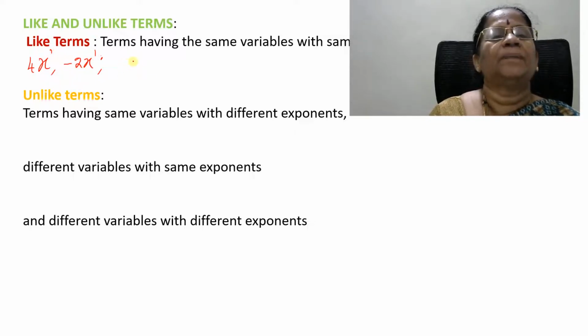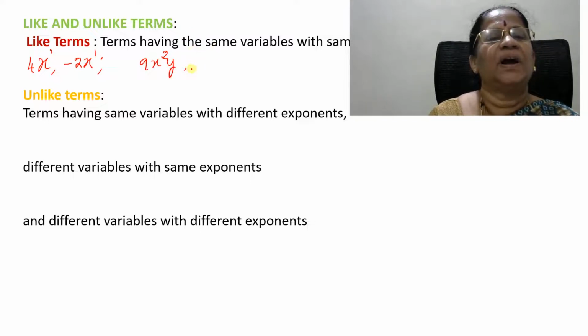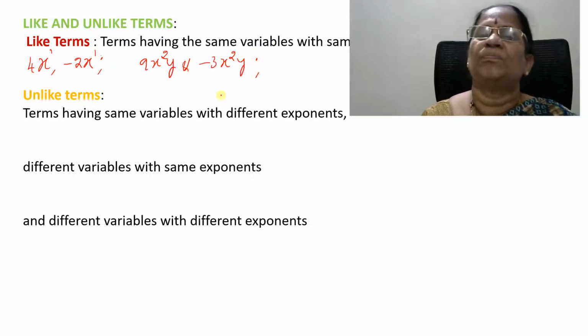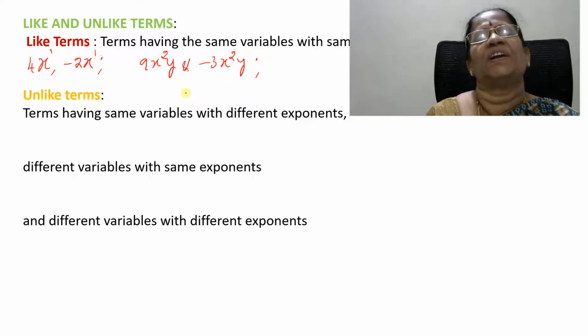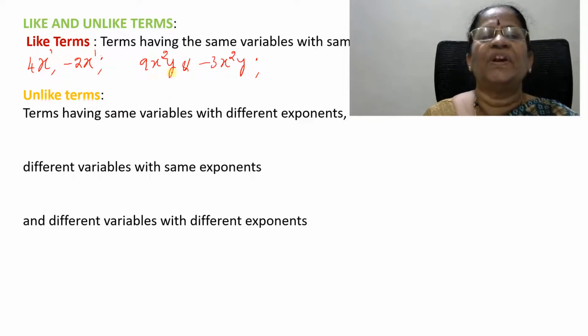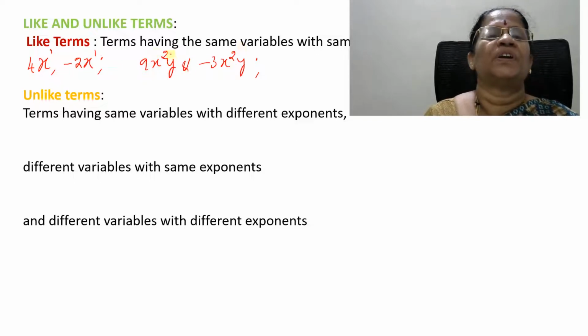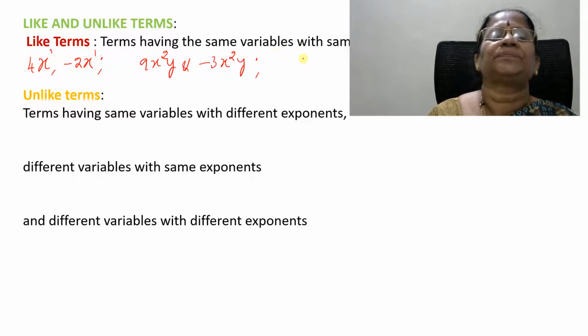Now let's consider 9x square y and minus 3x square y. Are these two like terms? Yes, definitely, because the variables are the same with the same exponent. Here the exponent of x is 2, here also it is 2, here it is 1, here also it is 1.